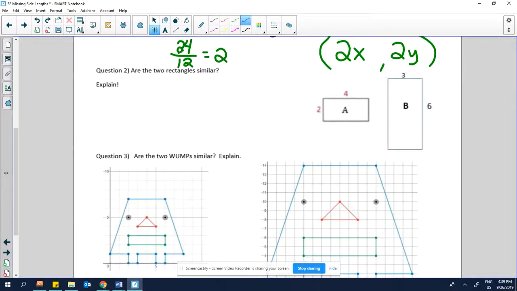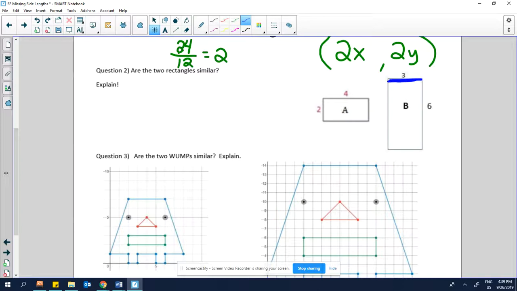All right, so are these both the same shape? Yes, they're both rectangles. Are these both all the same angles? Yes, they're all 90-degree angles. Do our side lengths all get multiplied by the same number? Okay, let's go from B to A this time so we can get a fractional side length.